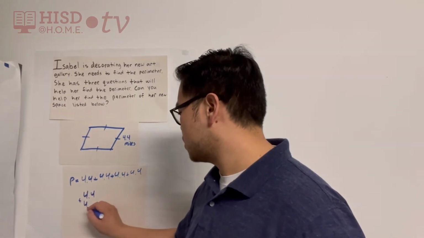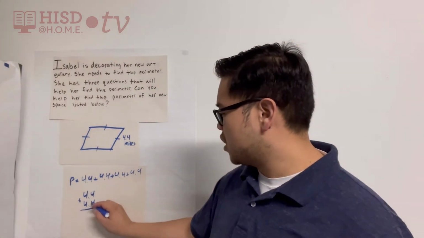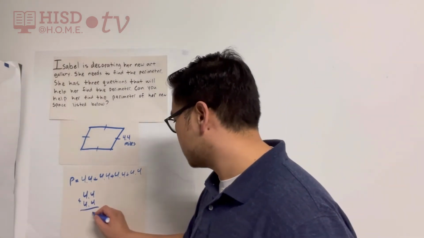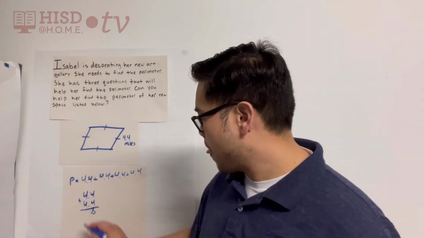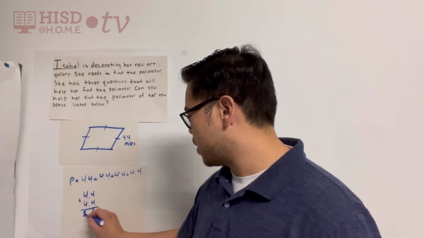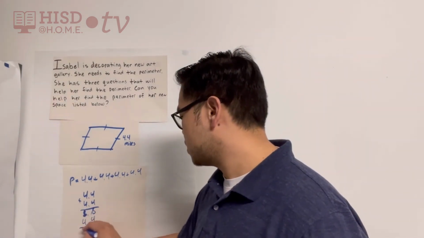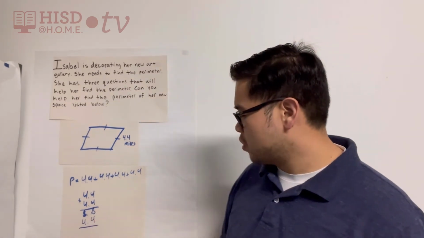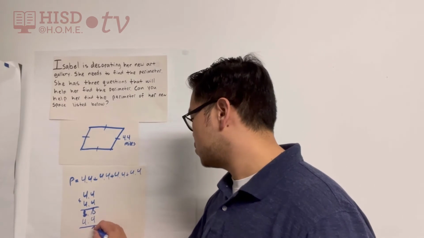So I'm going to take it one step at a time. 4 4/10 plus 4 4/10. 4/10 plus 4/10 gives us 8/10. And then 4 plus 4 gives us 8. So we got 8 and 8/10. So let me add another 4 and 4/10. 8/10 plus 4/10 gives us 1 and 2/10. My 2/10 goes here.